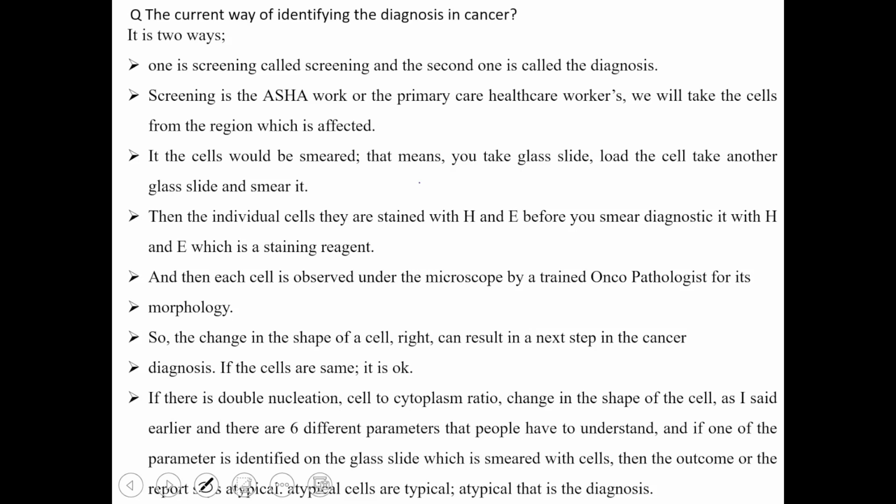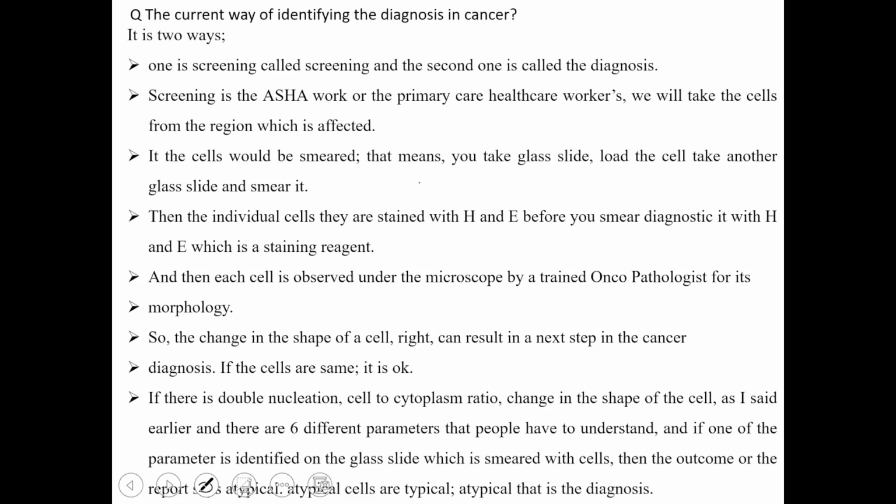Then each cell is observed under the microscope by oncologists. They check the cell morphology and how it has changed. They already have standard cells in their system, compare the patient's cells with them, and see which type of cancer cells is present in that human being.